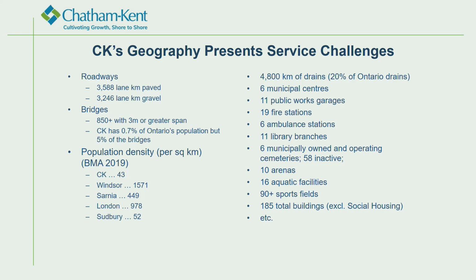With only 43 people per square kilometre to pay for all of the infrastructure and the services, there are significantly less people to pay for those same services versus places such as Windsor and Sarnia. Because of our large geography, we must also maintain and staff 19 fire and 6 ambulance stations.